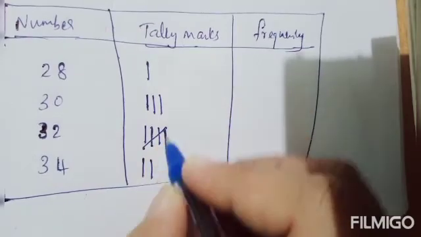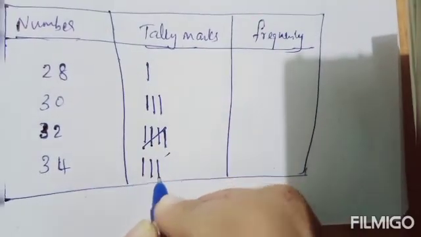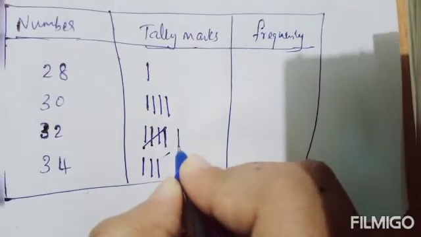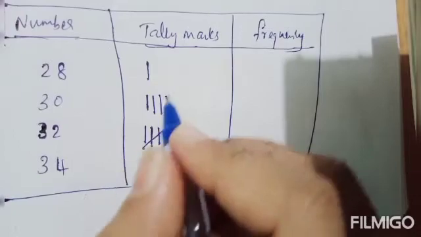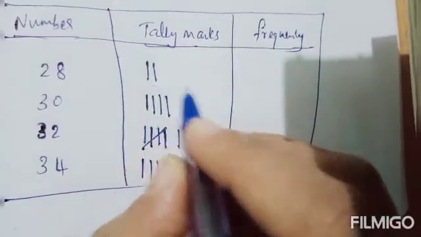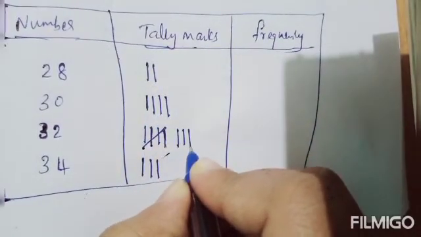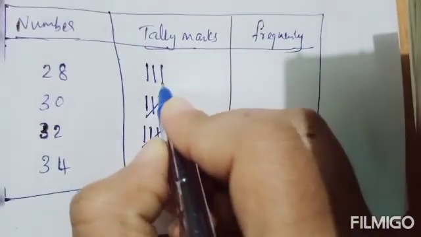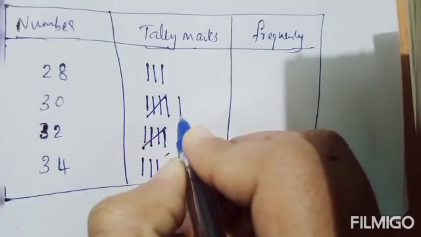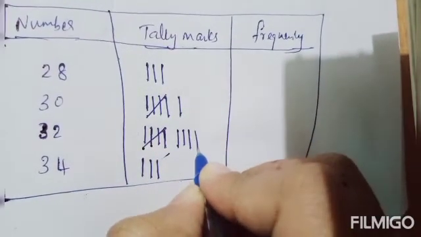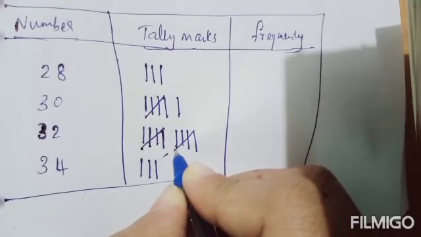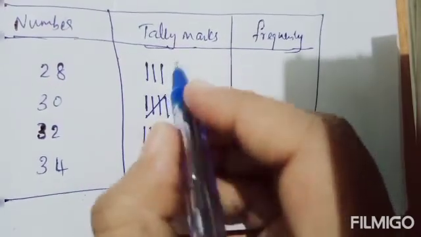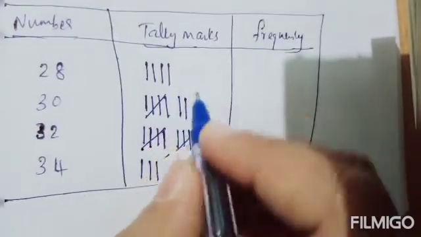Now 34, 30, 32, 32, 28, here 32, 30, so fifth one. 28, 30, 32, 32, fifth one. Okay. 30, 28 and 30.